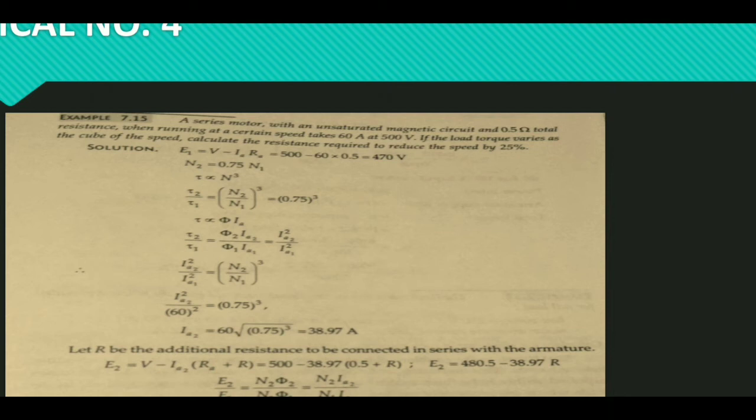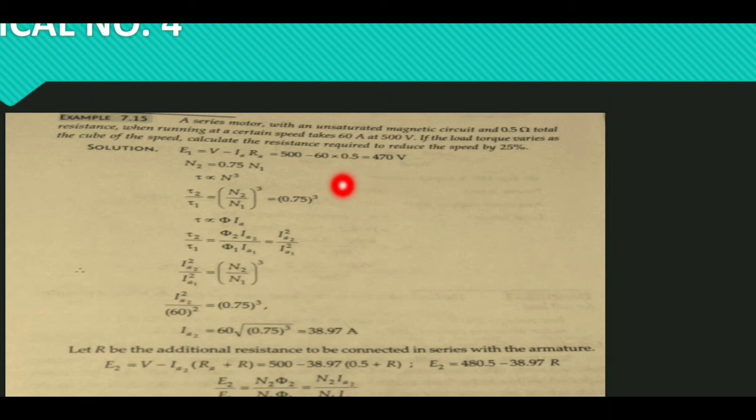So here E1, the back EMF, equals V minus IA into RA. From the question, V equals 500 volt, IA equals 60 ampere, and RA equals 0.5. So 500 minus 60 into 0.5 equals 470 volt, the value of back EMF.